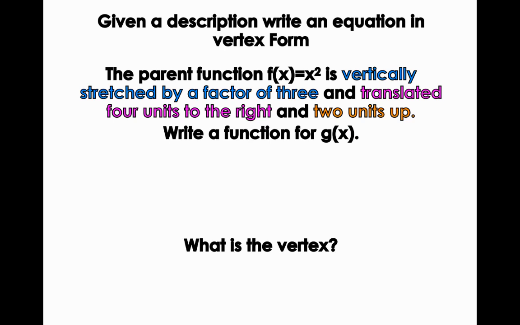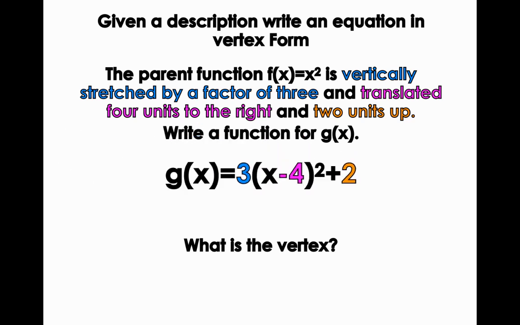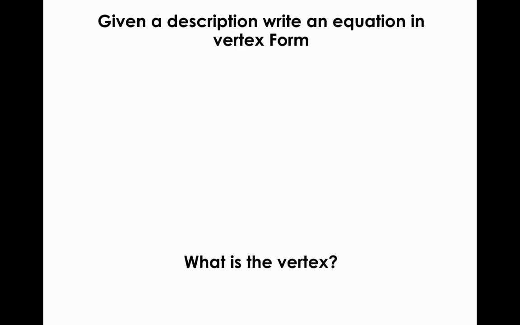A vertical stretch by a factor of 3 means my a value is 3. Translated 4 units to the right would mean x minus 4, right? Because that minus belongs in the formula. So when I move to the right, it's always going to be x minus, and then we move 2 up. From there, you can identify the vertex as being (4, 2).